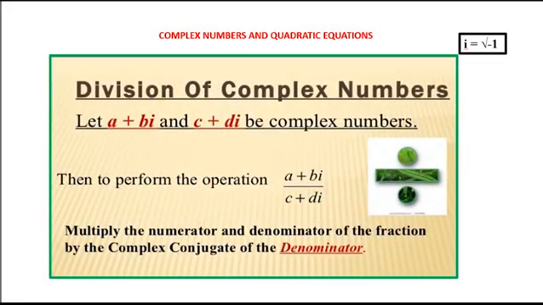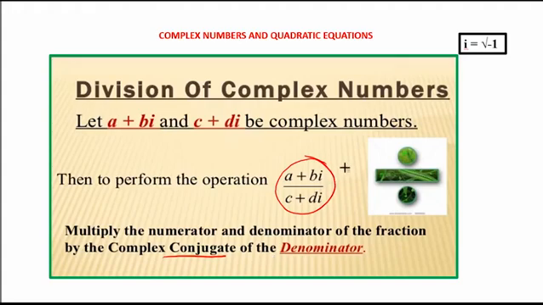Division of complex numbers. Let us take a plus ib and c plus id, any two non-zero complex numbers. To perform the division, a plus ib divided by c plus id, multiply the numerator and the denominator of the fraction by the complex conjugate of the denominator.